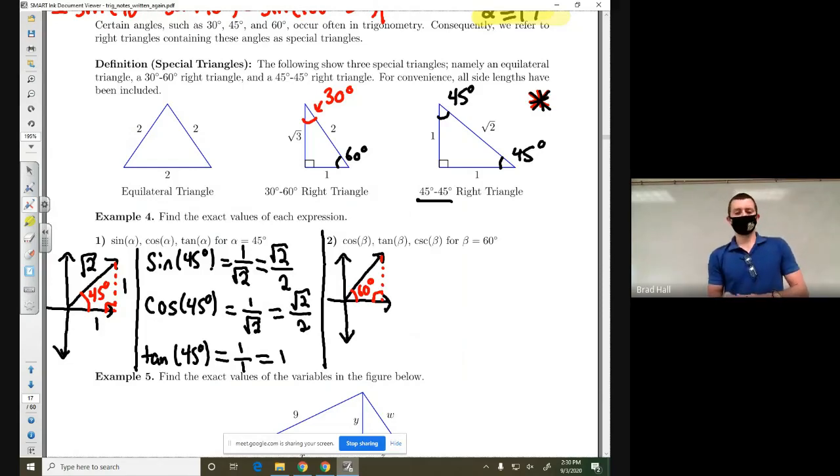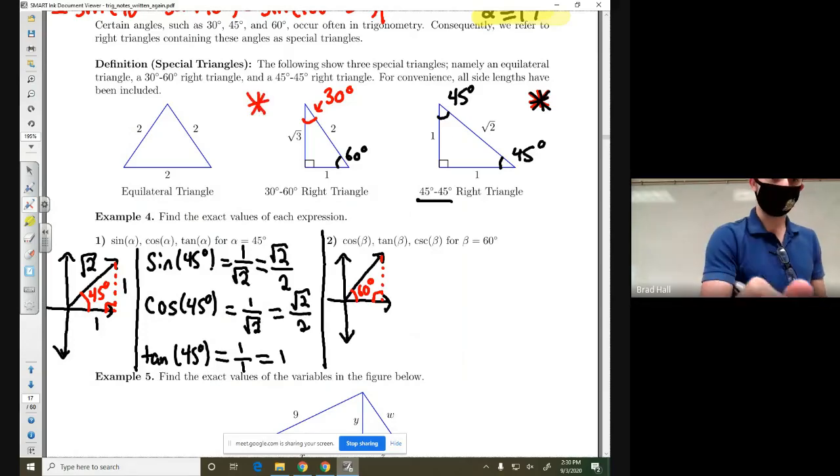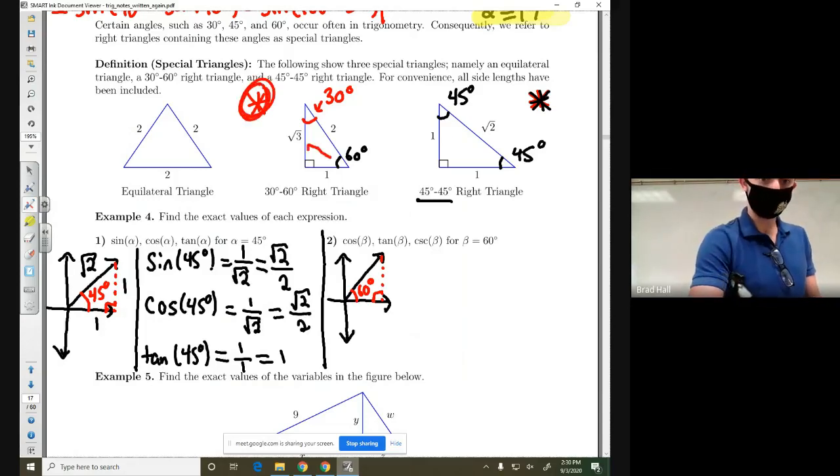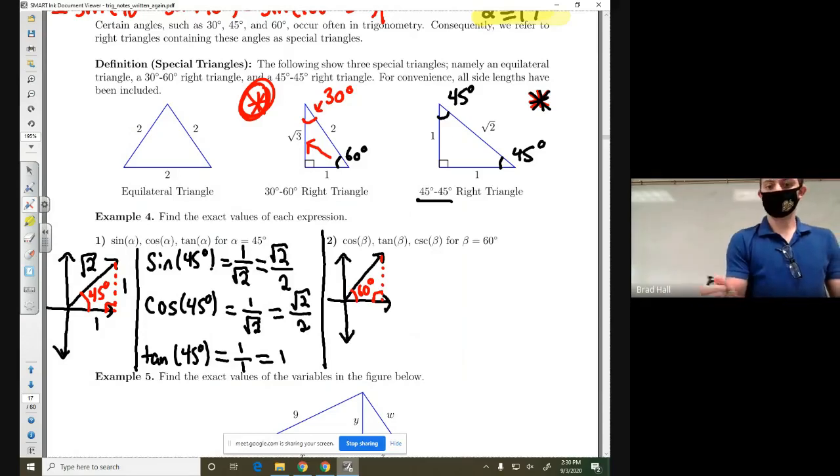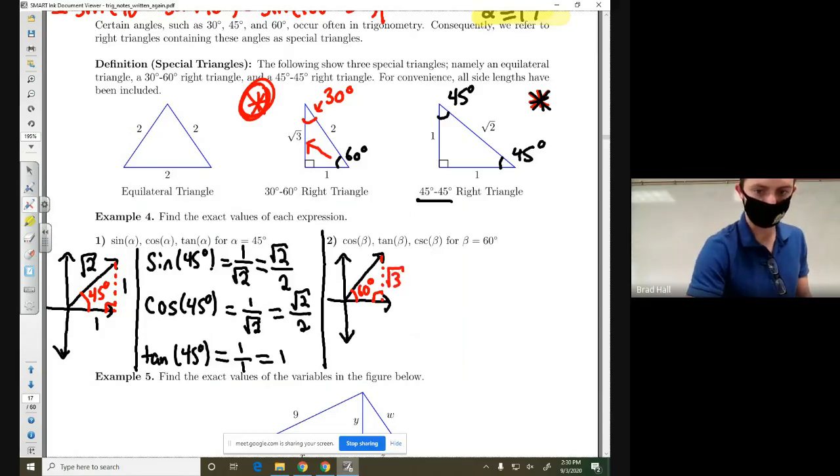And now the question lies in, well, 30-60, that's two different numbers, unlike the 45-45. So this one's a little bit more important because you have to choose the right number that goes across from 60. Because if you notice the 30-60 right triangle up here, across from 60 is the square root of 3. So you have to put the square root of 3 across from 60.